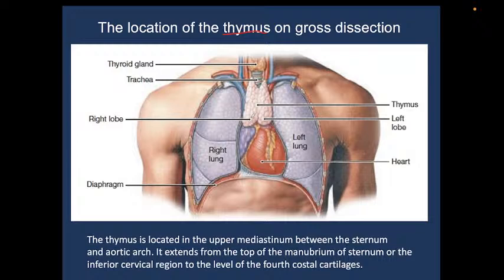The replacement of lymphoid tissue for fat cells, that's a typical process. As you see, thymus is a member of both the endocrine and lymphatic systems.